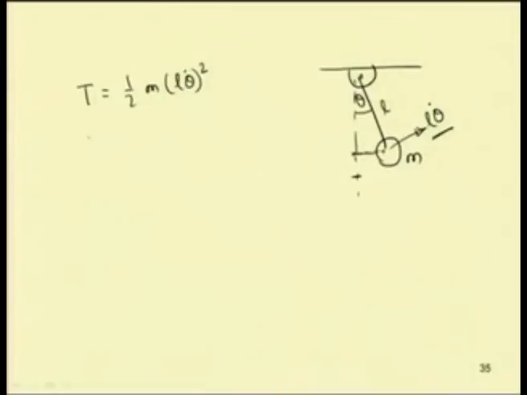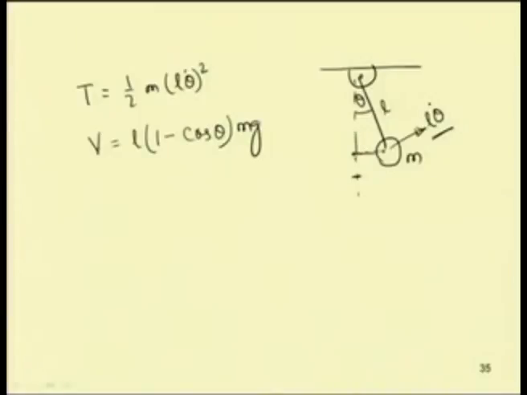So the potential energy V can be written as L minus L cos theta, or taking L common, L into 1 minus cos theta, into mg. This is the change in position into mass and the acceleration due to gravity. So potential energy equals mgL into 1 minus cos theta.